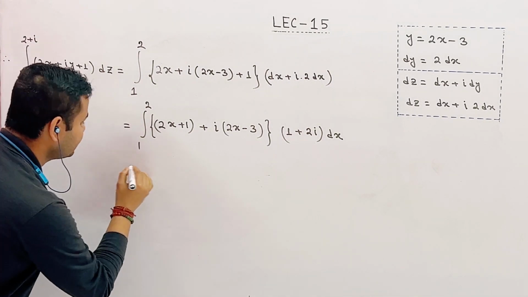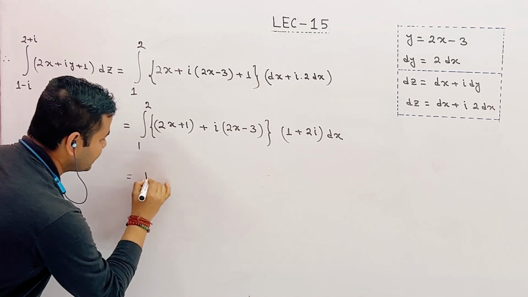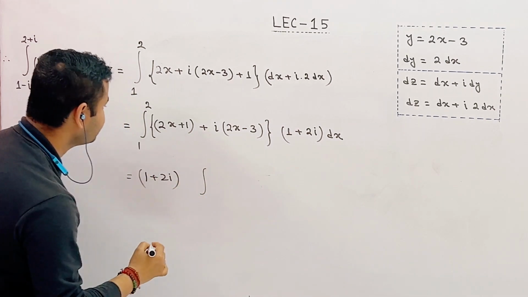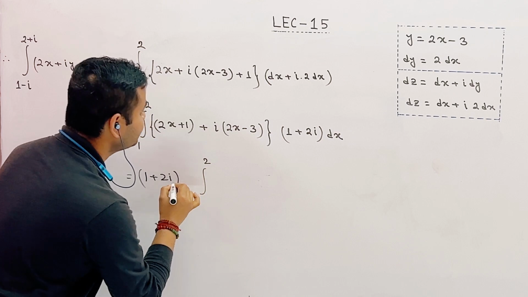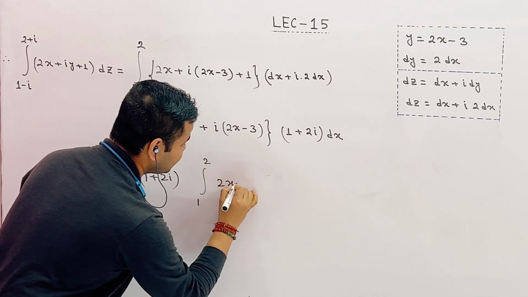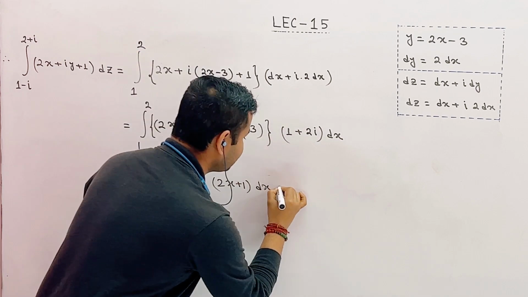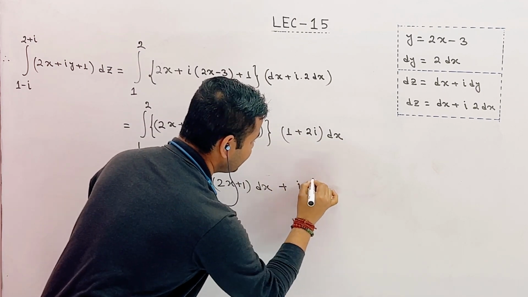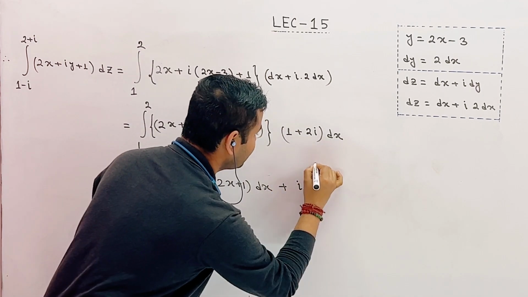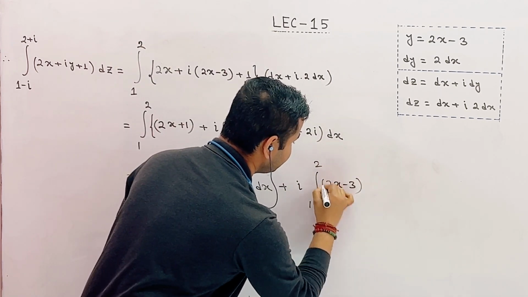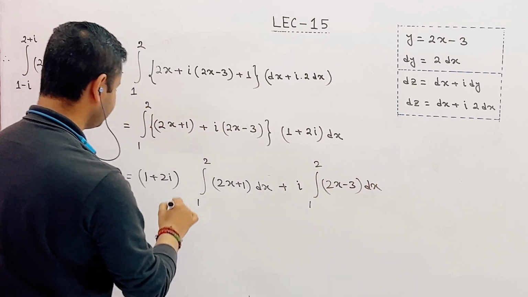Finally, we can write 1 plus twice iota into integration 1 to 2 twice x plus 1 into dx plus iota integration 1 to 2 twice x minus 3 into dx.